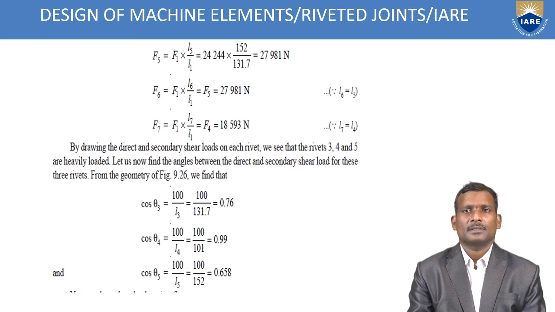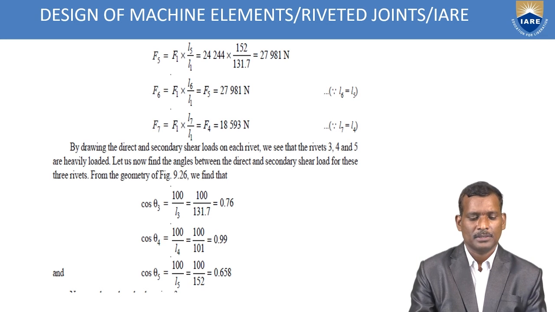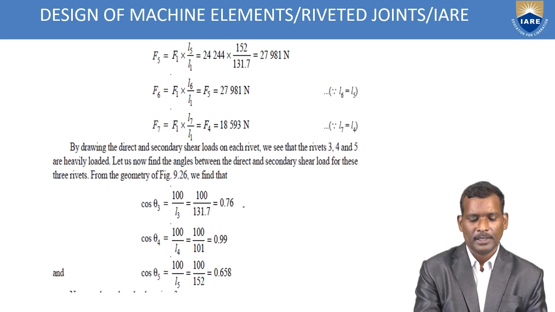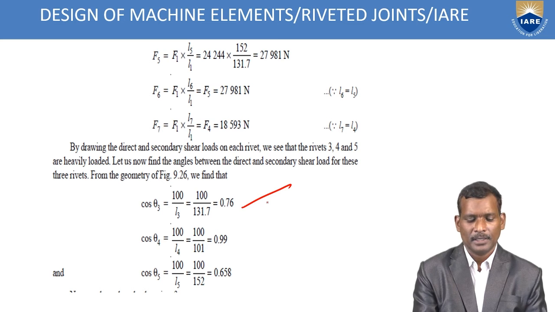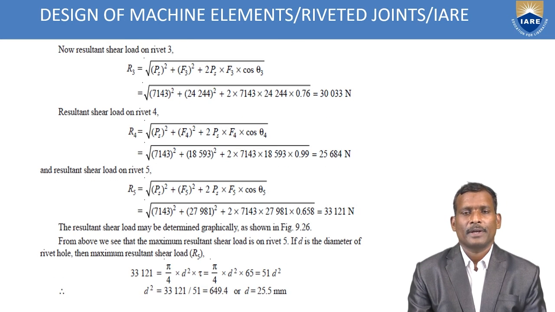So let us now find the angles between the direct and secondary shear loads of these rivets. From the geometry you can calculate cos theta 3, theta 4 and theta 5. Then find the resultant shear load on rivet 3, rivet 4 and rivet 5.